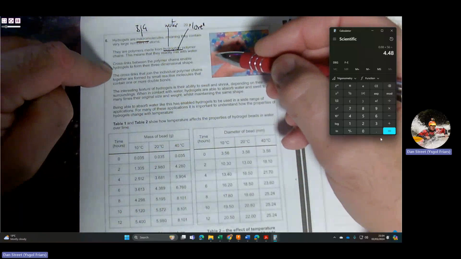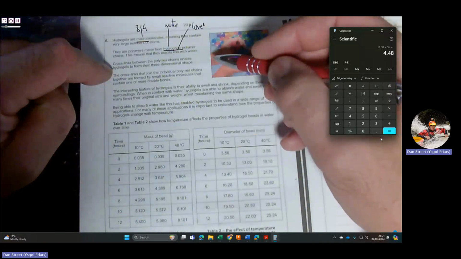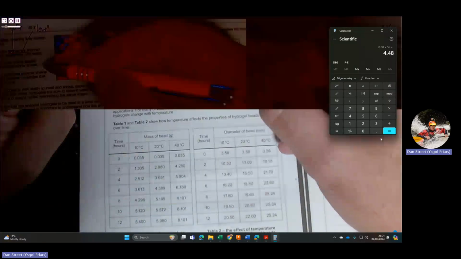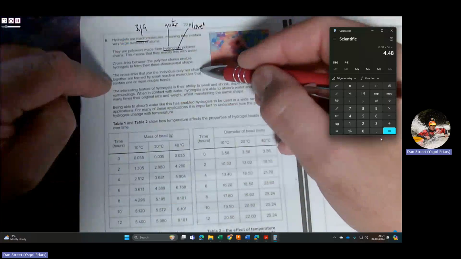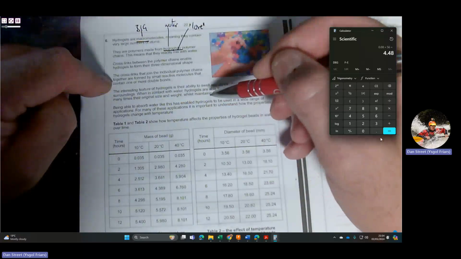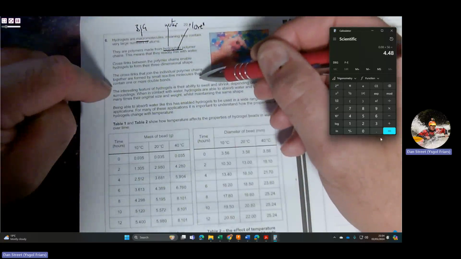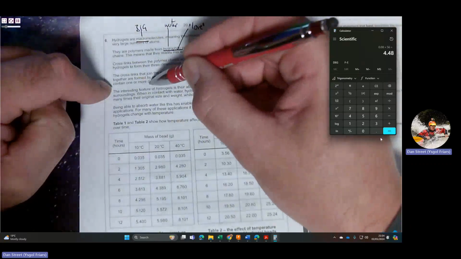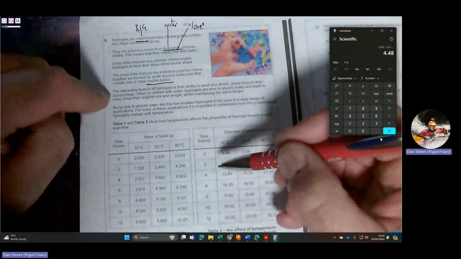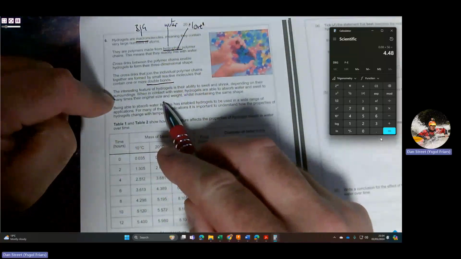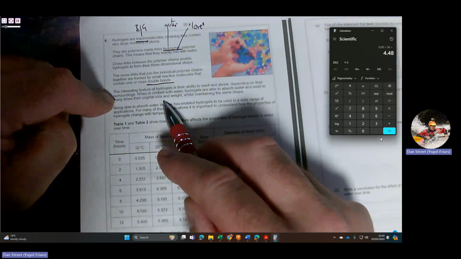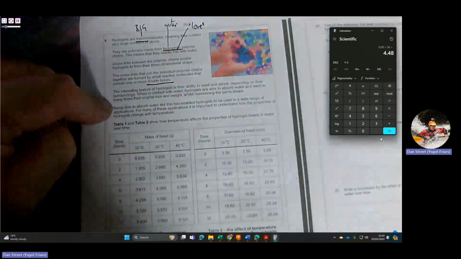Crosslinks between the polymer chains enable hydrogels to form their three-dimensional shape. The crosslinks that join the individual polymer chains together are formed by small reactive molecules that contain one or more double bonds. The interesting feature of hydrogels is their ability to swell and shrink depending on their surroundings.